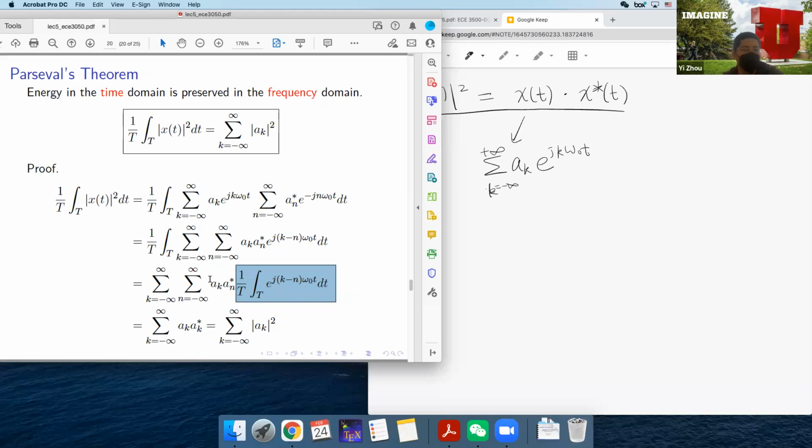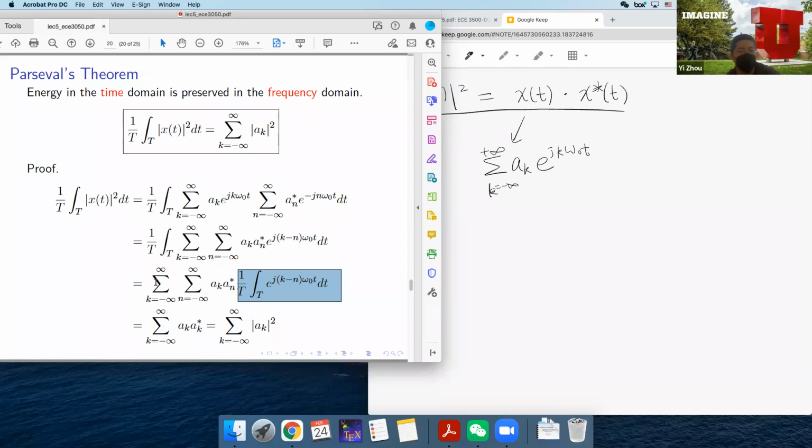This double summation will go over all the possible combinations of k and n, but because this last term is an indicator of k equals n, we only need to consider the case when k equals n in this double summation. And that simply corresponds to the diagonal elements of this double summation. So in the end, these two become 1.